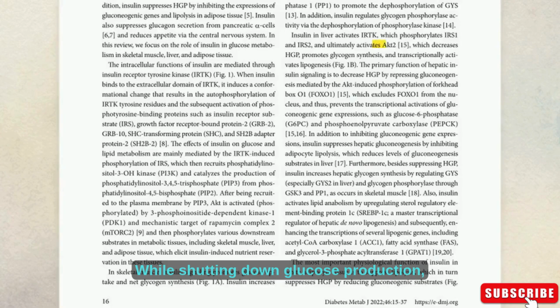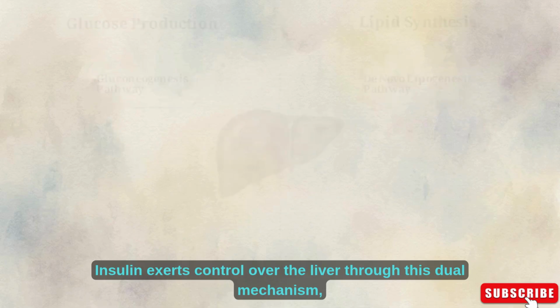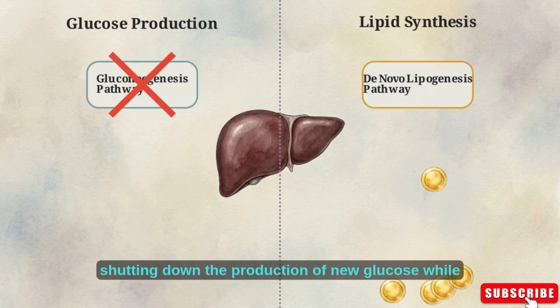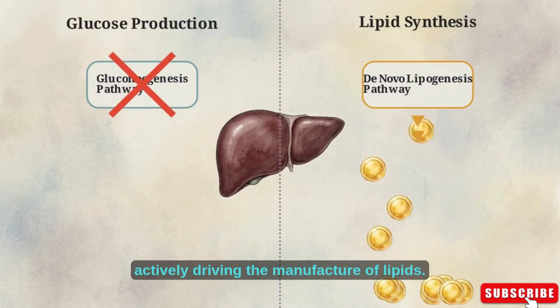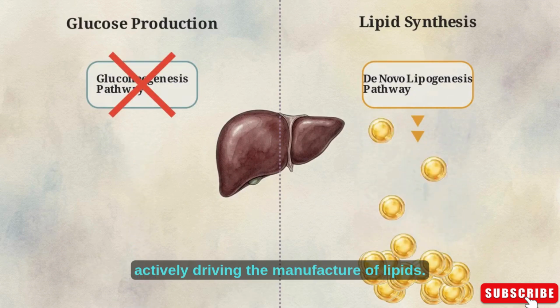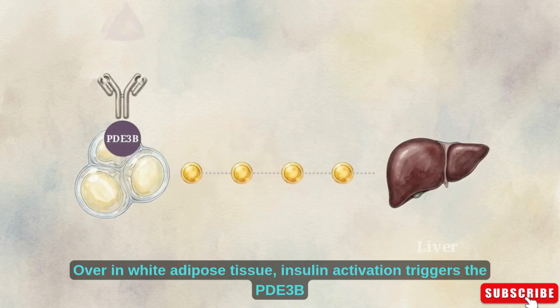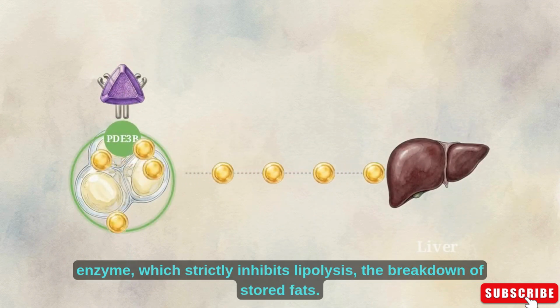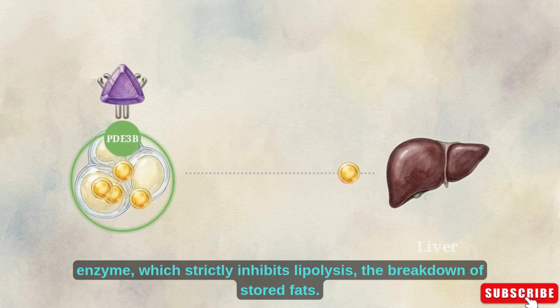While shutting down glucose production, AKT simultaneously upregulates SREBP1C, the master transcriptional regulator of fat synthesis. Insulin exerts control over the liver through this dual mechanism, shutting down the production of new glucose while actively driving the manufacture of lipids.